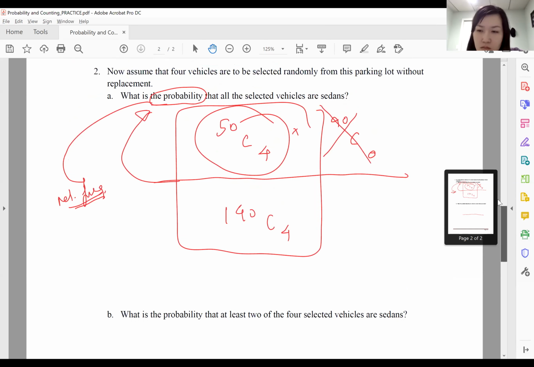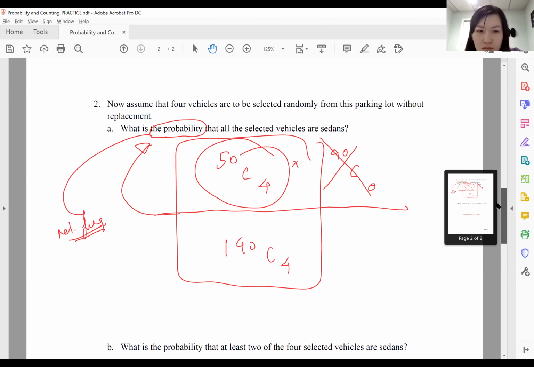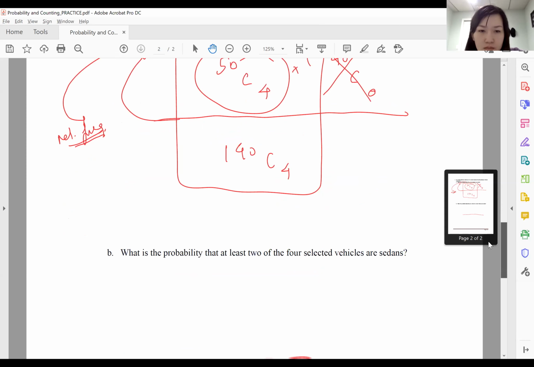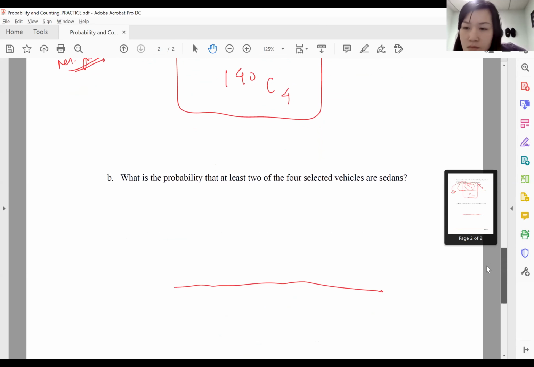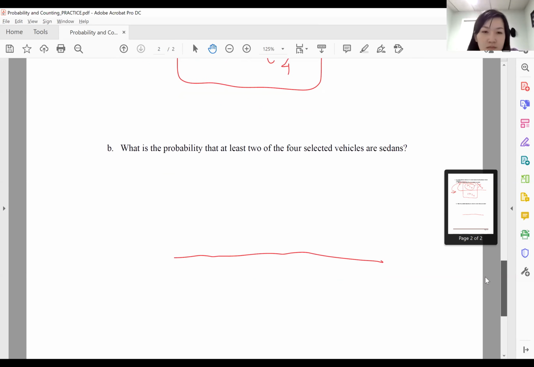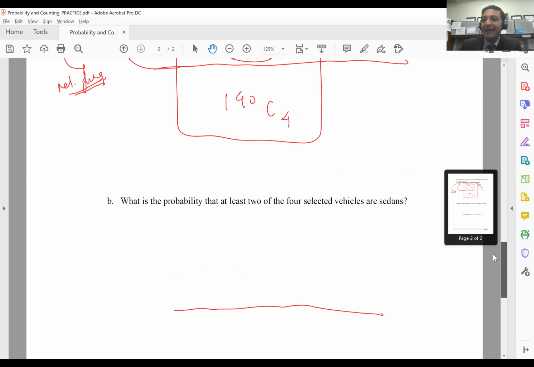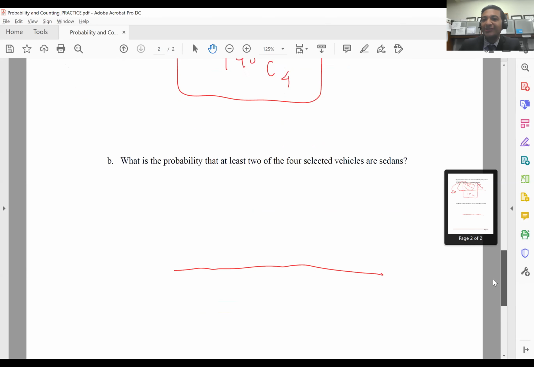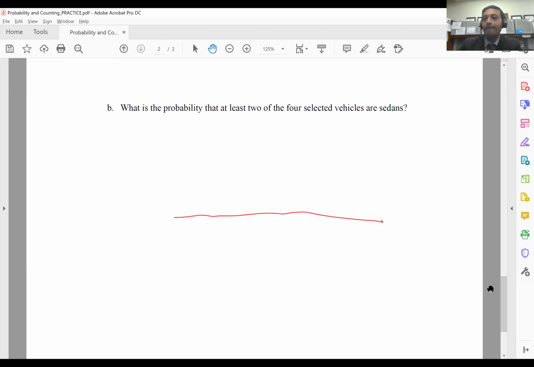I'm still trying to choose 4 vehicles from the parking lot. So the number of ways I can choose 4 vehicles from 140, does that change? No. The overall number of ways I can choose 4 vehicles remains the same, right?